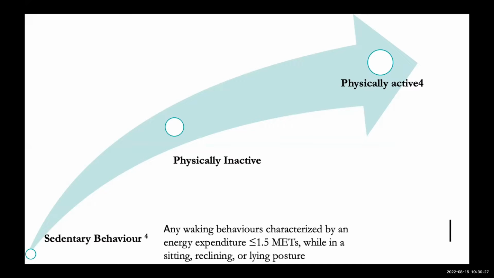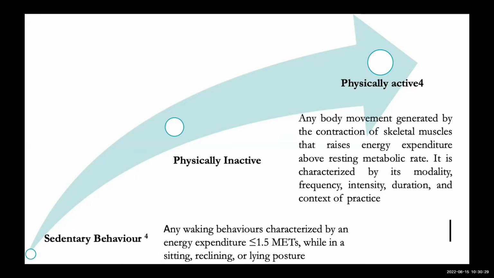So what is being physically active? The 4 here is the reference, so please don't get confused here. Being physically active means any body movement which generates the contraction of large skeletal muscles, which raises the energy expenditure above the basal metabolic rate, and it is characterized by mobility, frequency, intensity, duration, and context of practice.